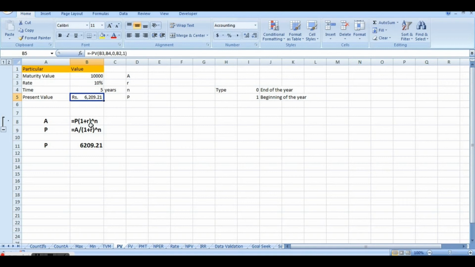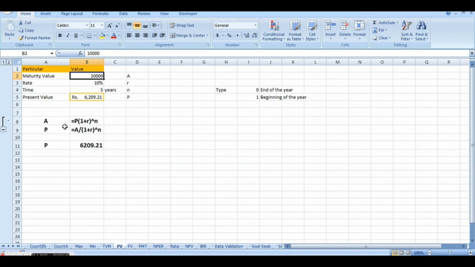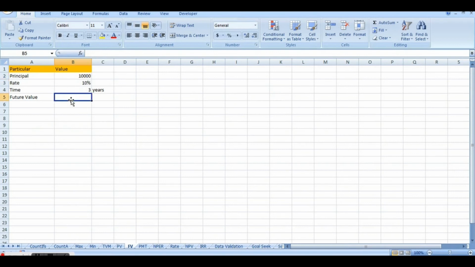Now this was an example of finding out present value based on future value. You can do the reverse as well. You can find out the future value based on the present value. Now the compounding formula helps us do that as well, but we'll go by the Excel formula, the simpler, easier one.